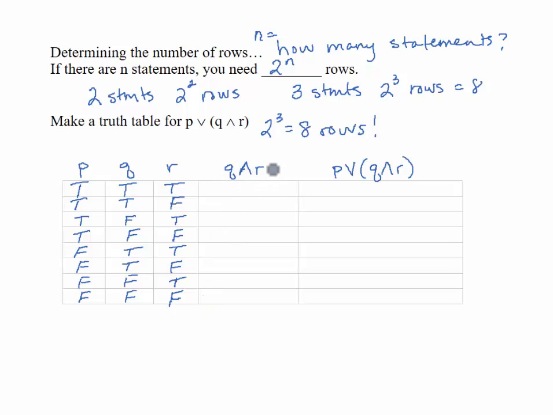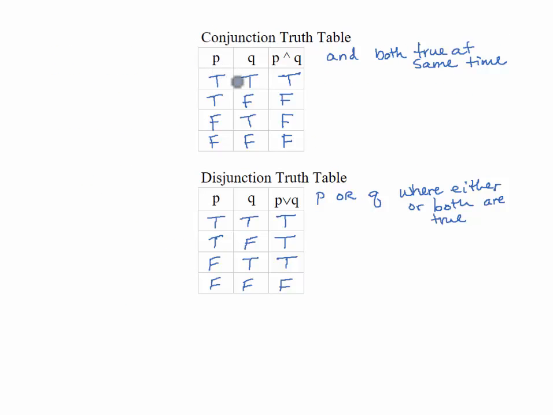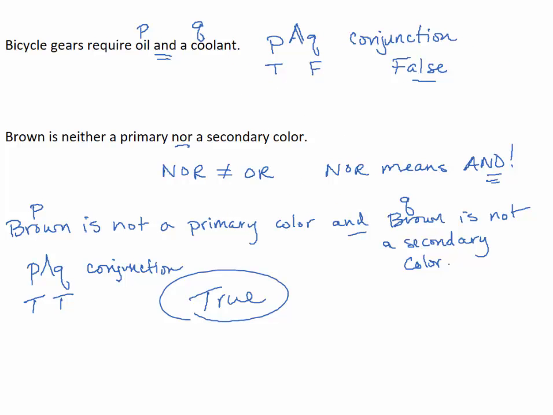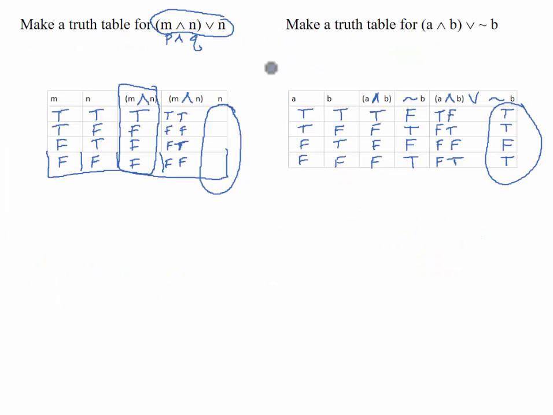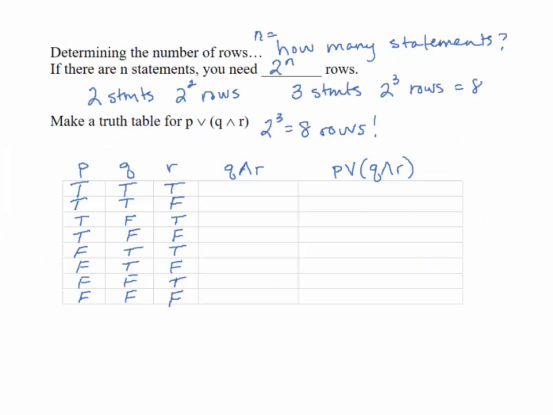Okay? Now we have to do Q and R. That's a conjunction. And remember, from our conjunction table, the only time a conjunction is true is if they're both true. Every other time is false. So let's go back. We're just looking at Q and R. If they're both true, the answer is true.